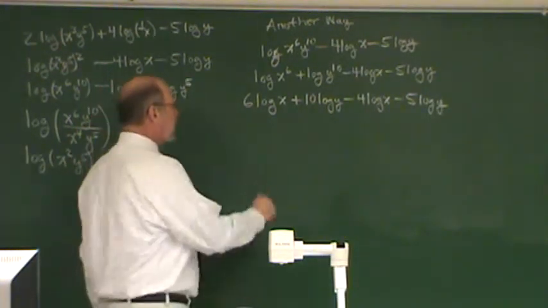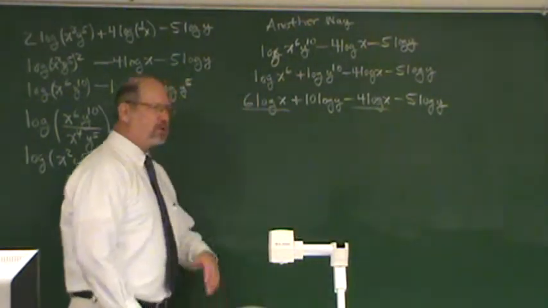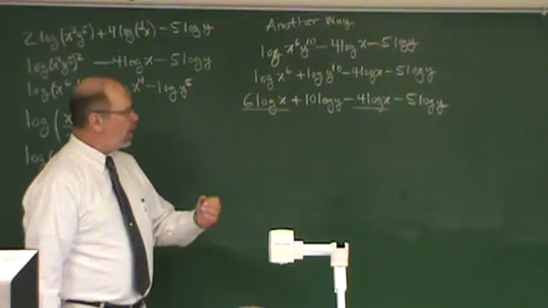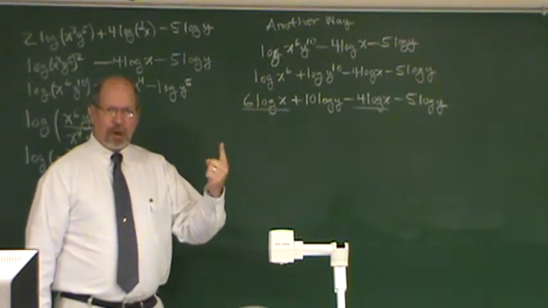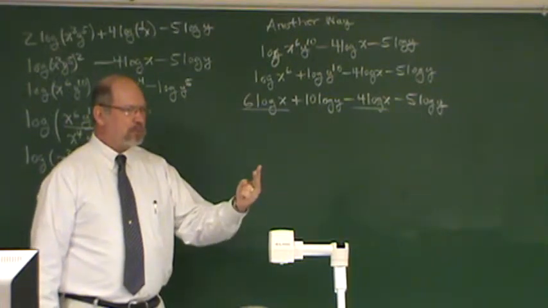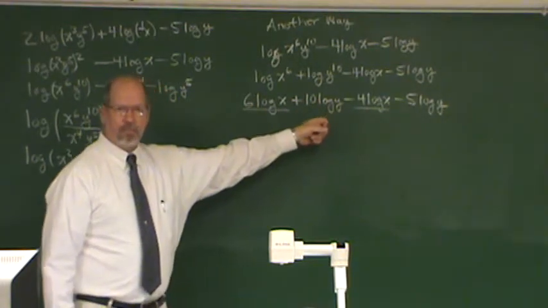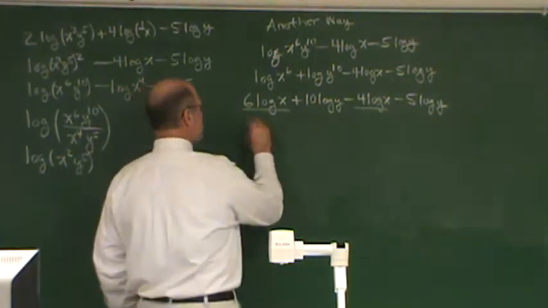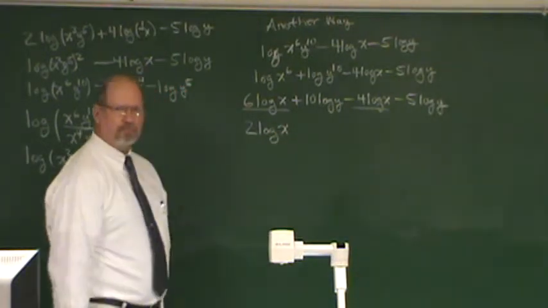If you stop and think about it, 6 logs of x, negative 4 logs of x, those terms are alike, aren't they? What makes them alike is, number 1, the logarithm has the same base. Number 2, the logarithm has the same argument. Yes? This is like 6a minus 4a. So this turns into 2a, or 2 logs of x.